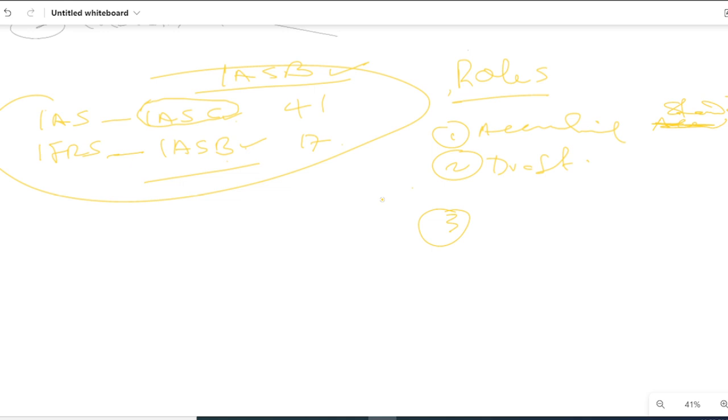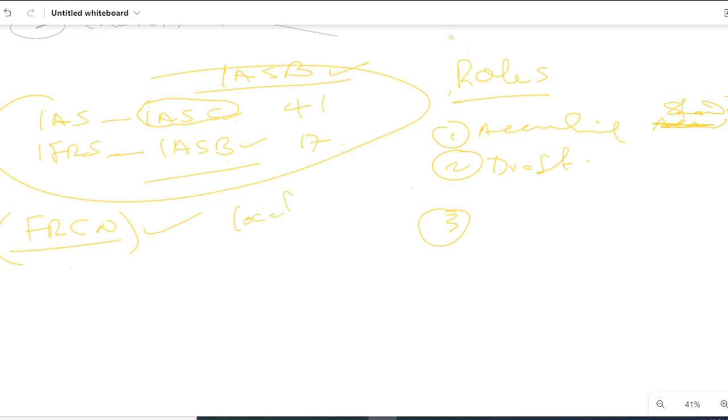Then we have what we call FRCN. This is Financial Reporting Council of Nigeria. This Financial Reporting Council of Nigeria is the body that issues accounting standards in Nigeria, that is local standards.